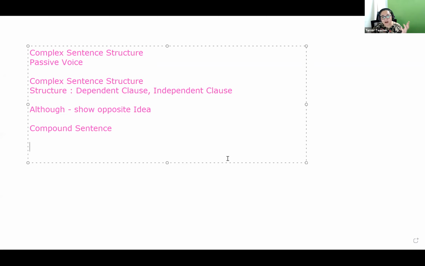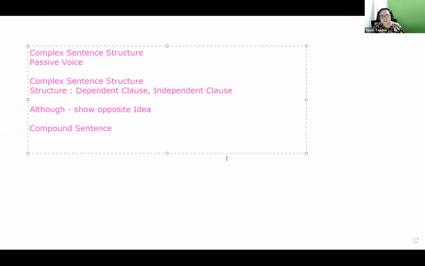So a compound sentence is a combination of sentence one plus a conjunction plus sentence two. Because it's a sentence, it is independent. It means it can stand on its own. It doesn't need anything else to make it complete. But with a complex sentence structure, it doesn't have a meaning unless it is completed by an independent clause.